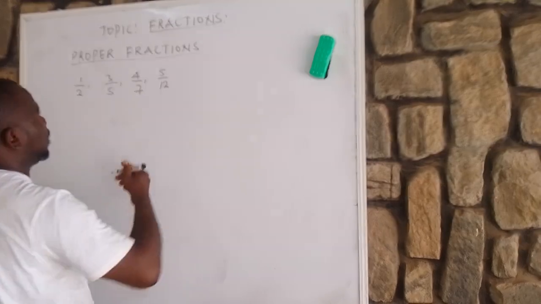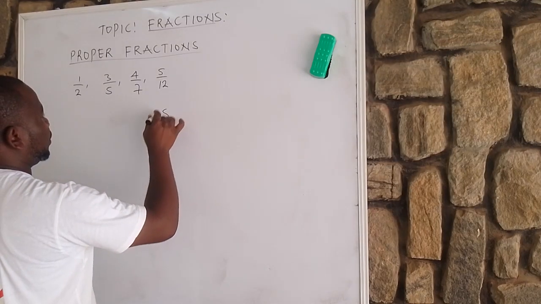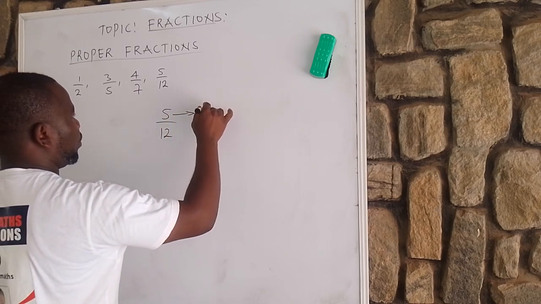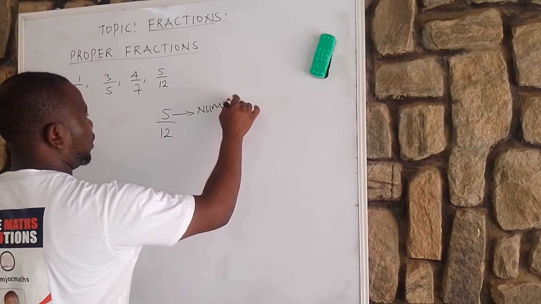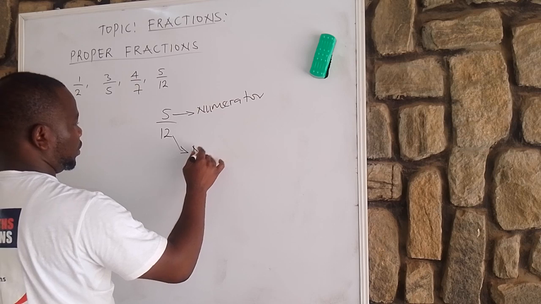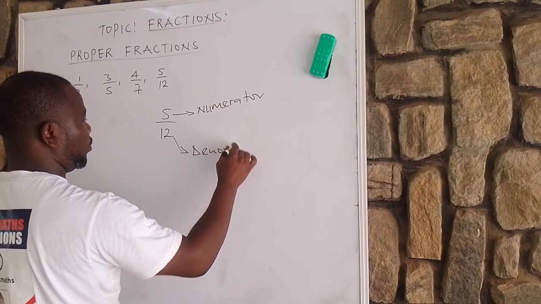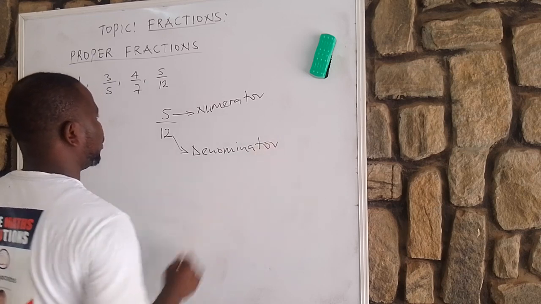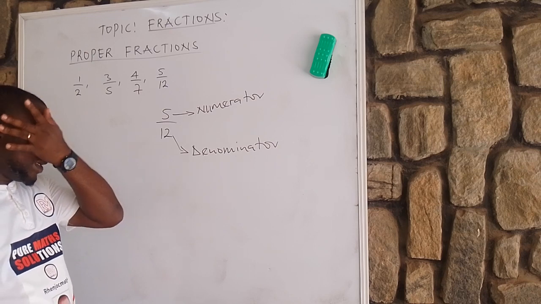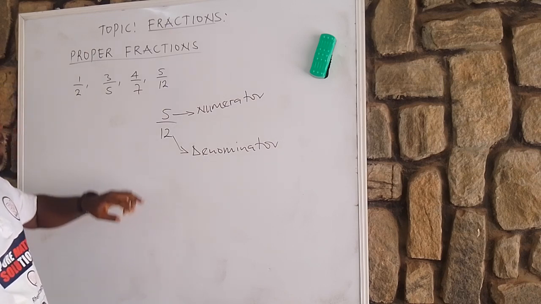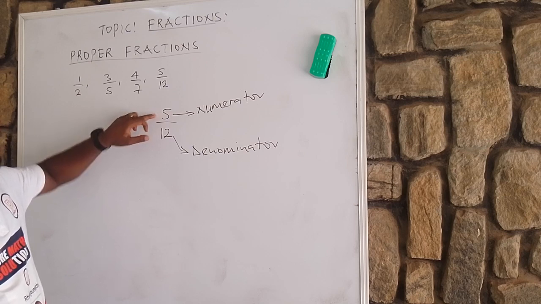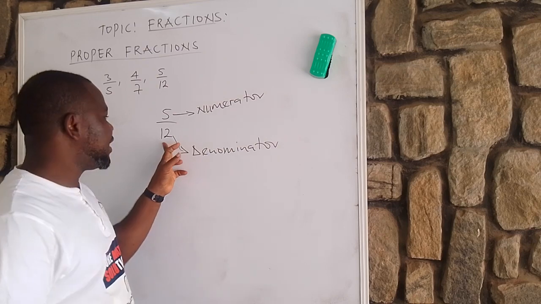Why? Because when we have something of this form, we call this the numerator and this the denominator. Take note. The reason why it is called a proper fraction is that the numerator is always lesser than the denominator.